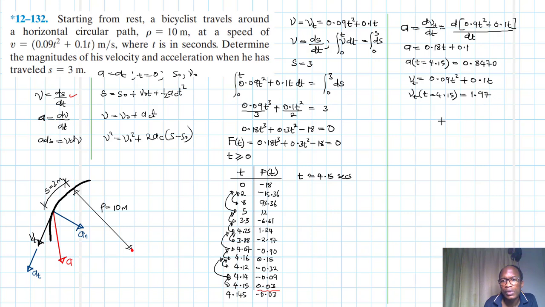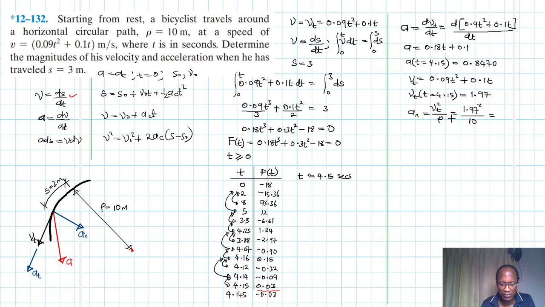Okay, so then we have a_n, which is v_t squared divided by rho, which is just equal to 1.97 squared divided by our rho, which is 10.